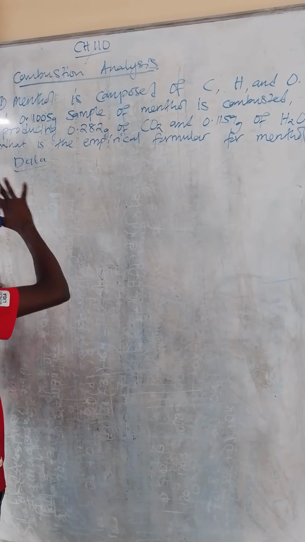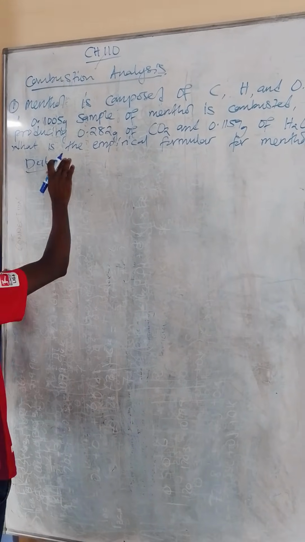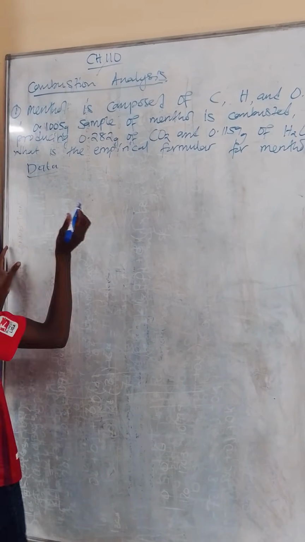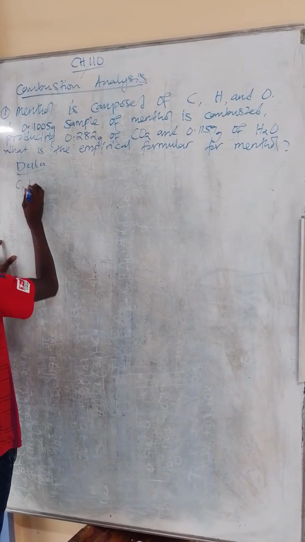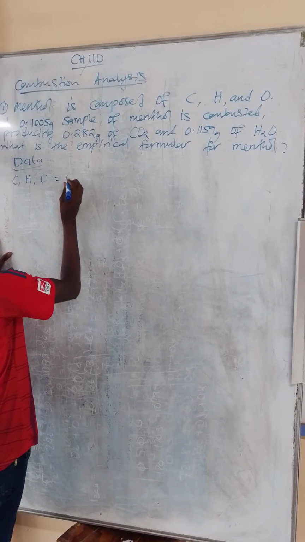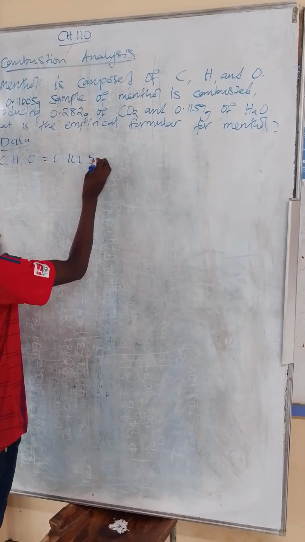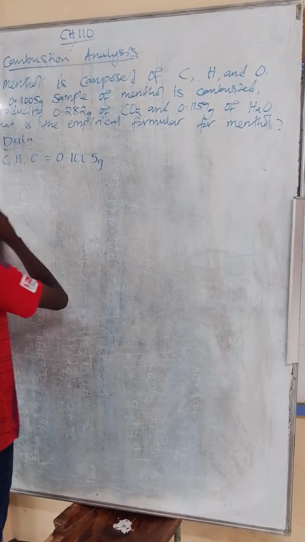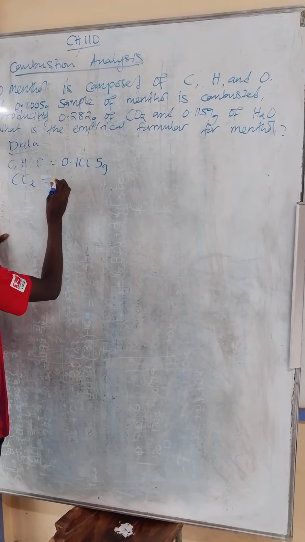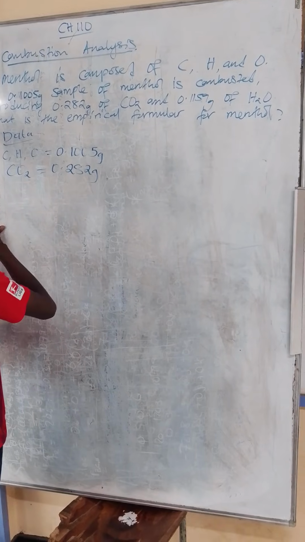The mass for CHO is 0.1005 grams. For carbon dioxide it is 0.282 grams.